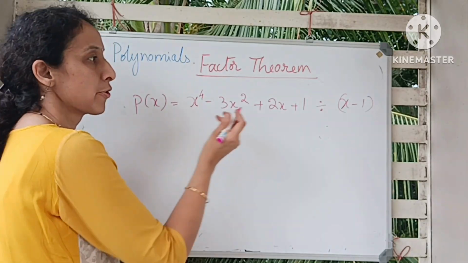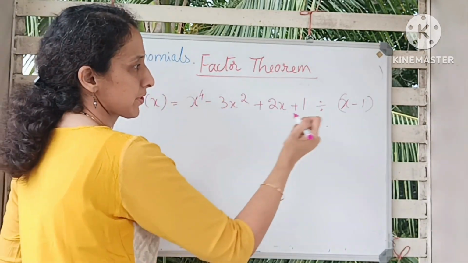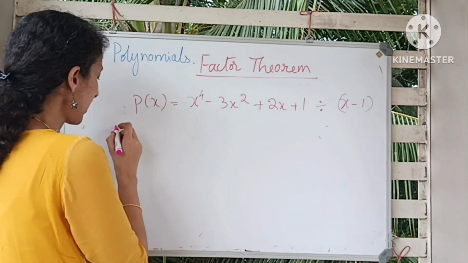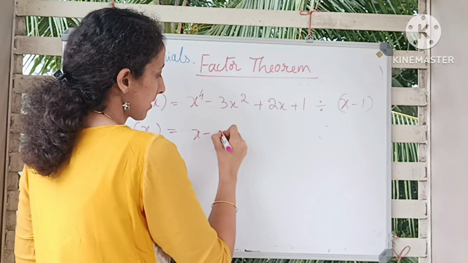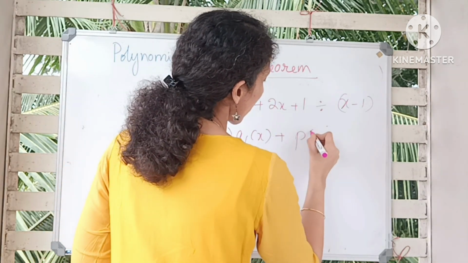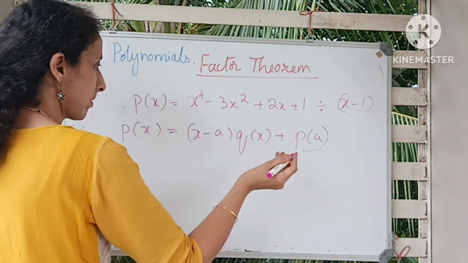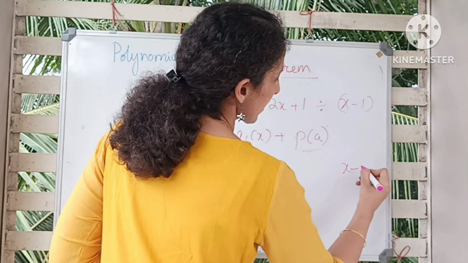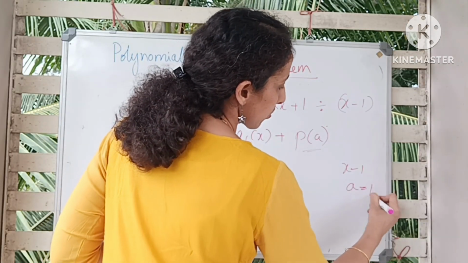Here we have a problem. Find the remainder when p of x, this algebraic expression, is divided by x minus 1. We know that p of x is equal to x minus a into q of x plus p of a. Here this is the remainder. We have to find what is p of a. X minus 1 implies we have a is equal to 1.